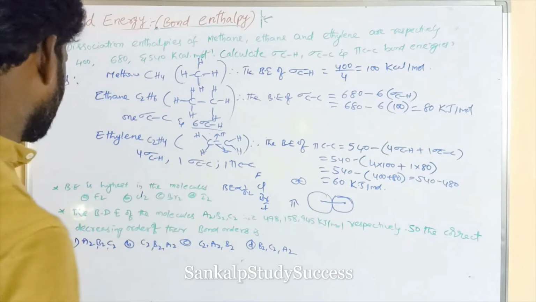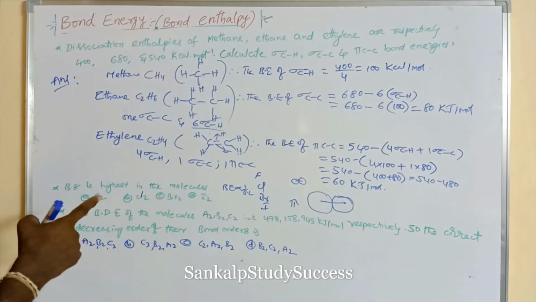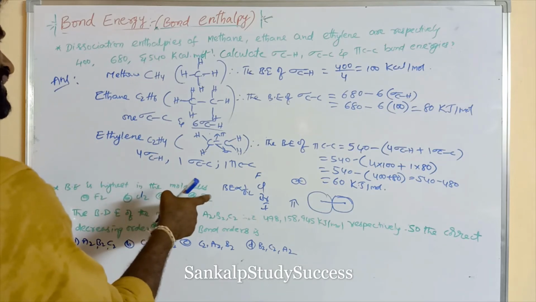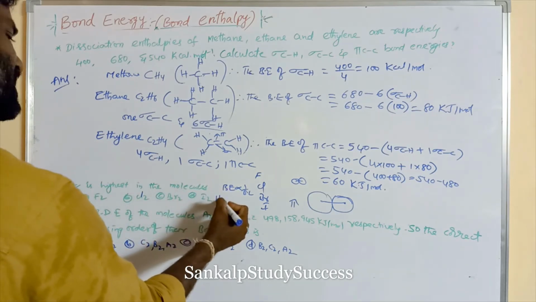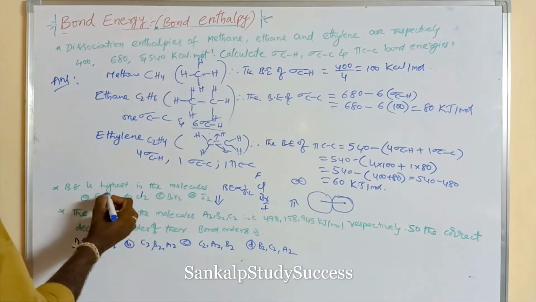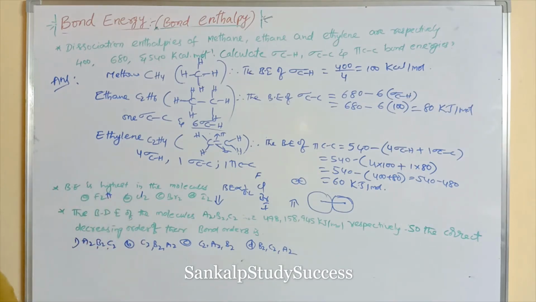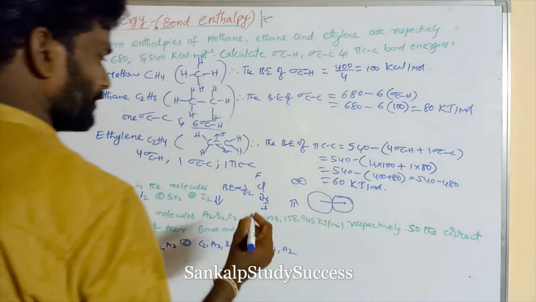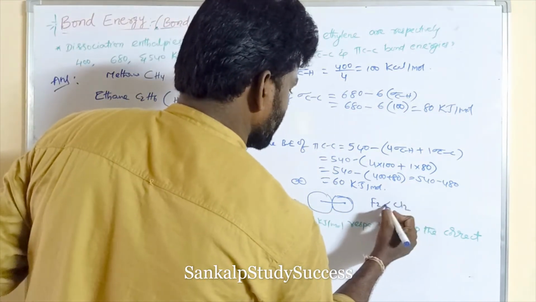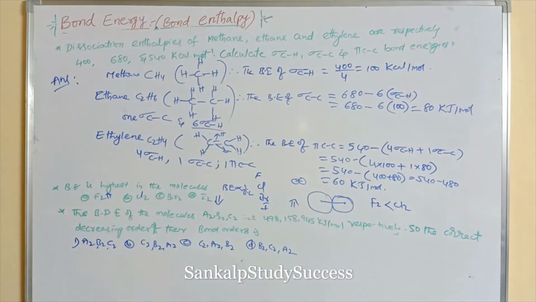So in these two, iodine having more atomic size, its bond length is very high, so its bond dissociation energy is less. But fluorine F2 has a high bond dissociation energy. But in F2 and Cl2, Cl2 has more bond enthalpy than F2.